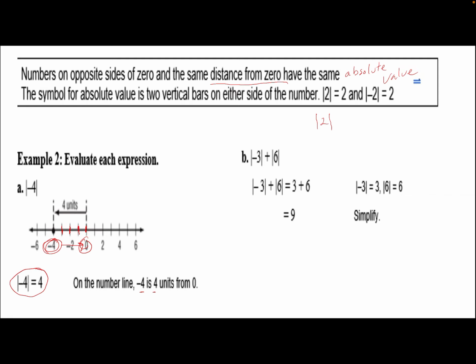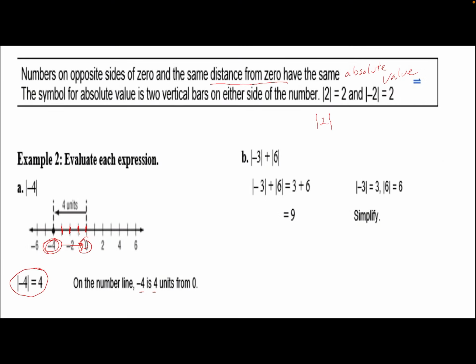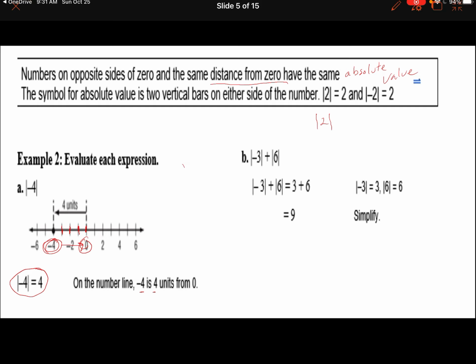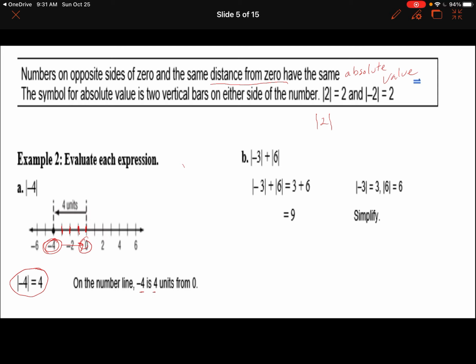If we had the absolute value, let's just do another one here. Let's see if I can erase. All right, so let's just do another one really quick. Let's say you had the absolute value of 7.